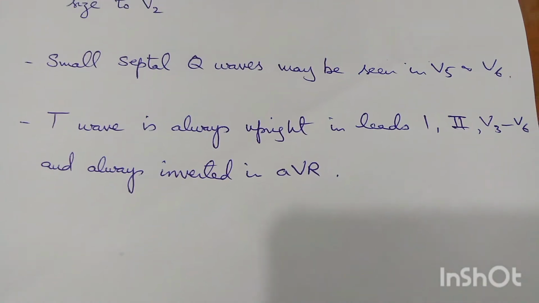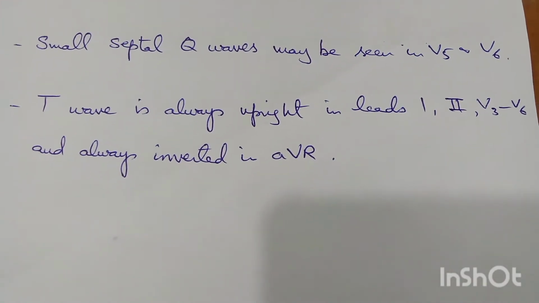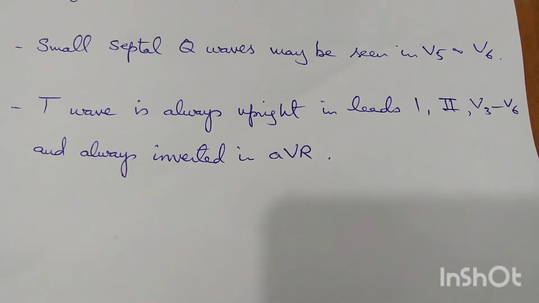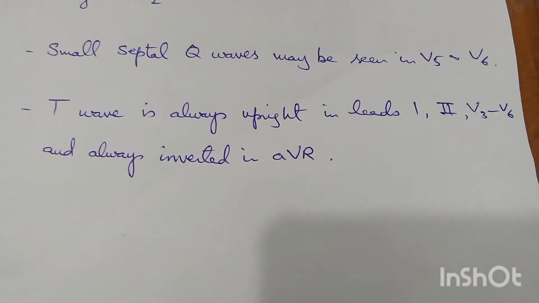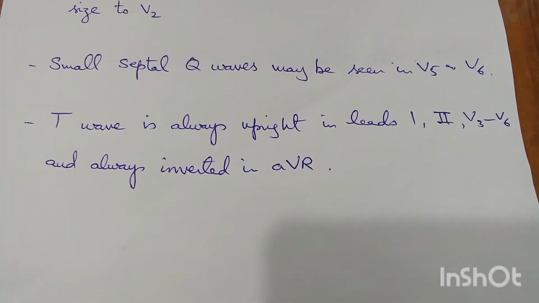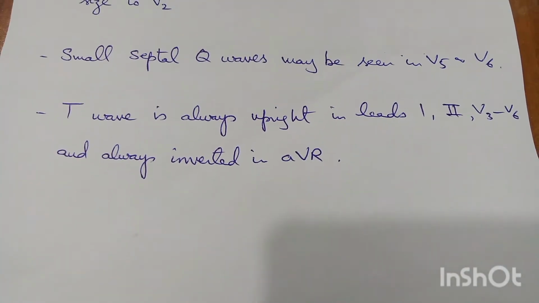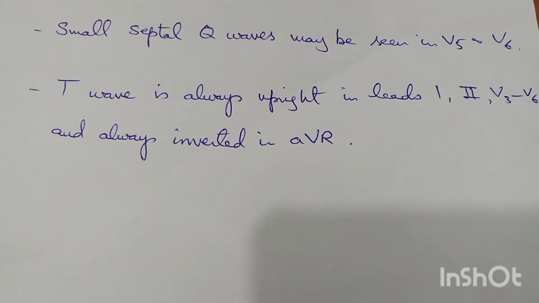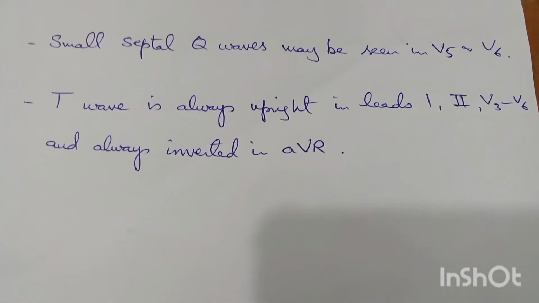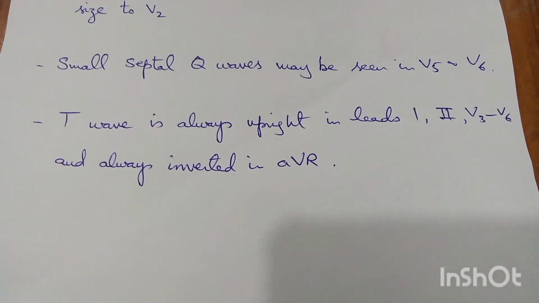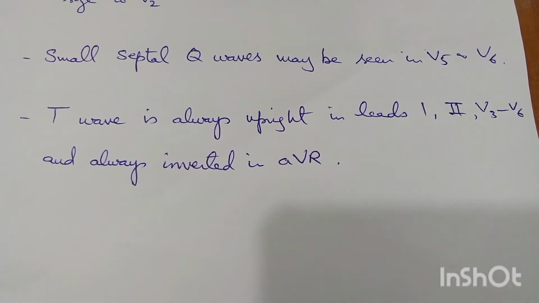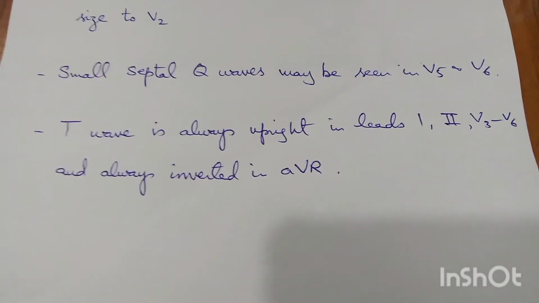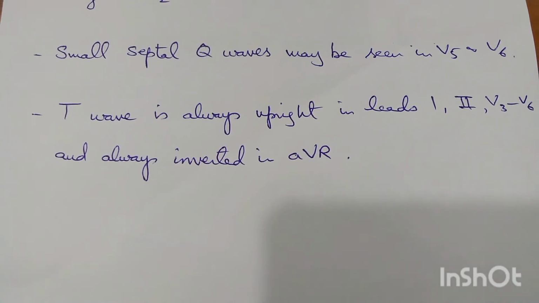Students, all the ECG waves are in reverse direction in the lead AVR, and this is another criteria to assess your performance of ECG. When all the waves are negatively deflected in AVR lead, it means you have correctly placed the ECG leads.